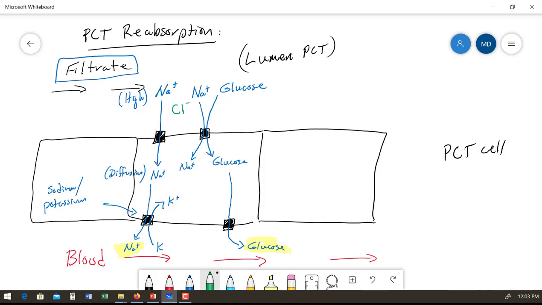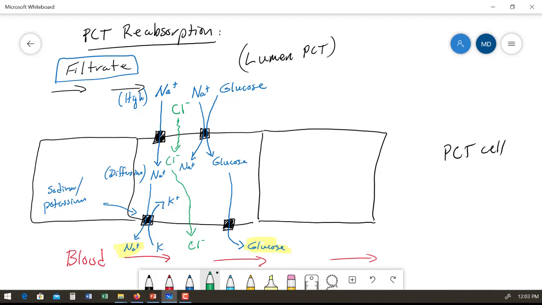Luckily, chloride likes to chase after the positive charge of the sodium. So chloride will actually move on its own. Usually it has a transport here as well, but that doesn't matter as much. So this is going to bring chloride into the cell for free because we moved sodium, and then chloride will eventually chase sodium out into the blood as well.